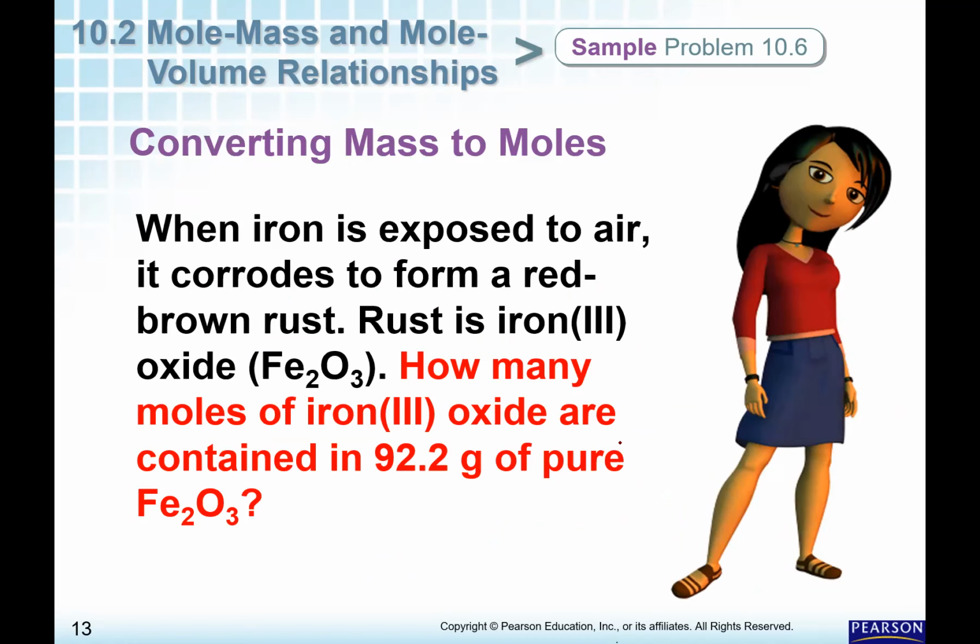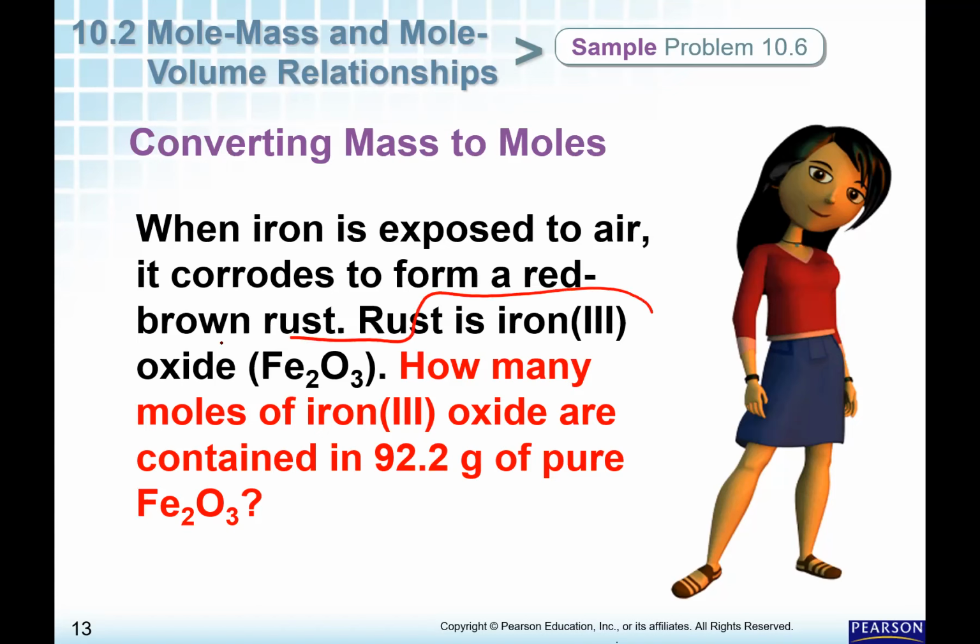So when iron is exposed to air, of course, you know that it corrodes and turns into a brown rust. I think the rusted iron is iron 3, so that is Fe2O3. Now you see how the information that you learn in chemistry 1 is very important.